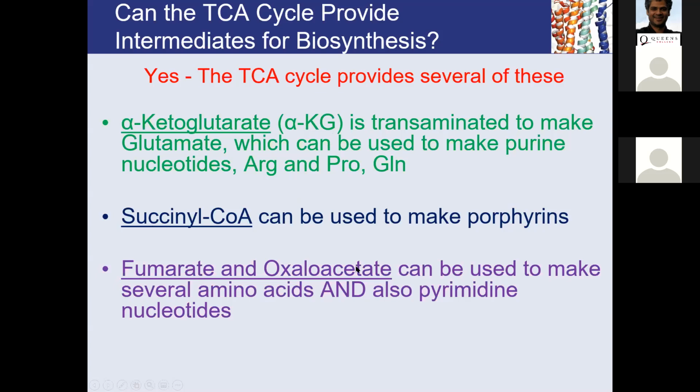Fumarate and oxaloacetate can be used to make other amino acids and some pyrimidine nucleotides. So these are very important intermediates of anabolic reactions, and they can actually be utilized.